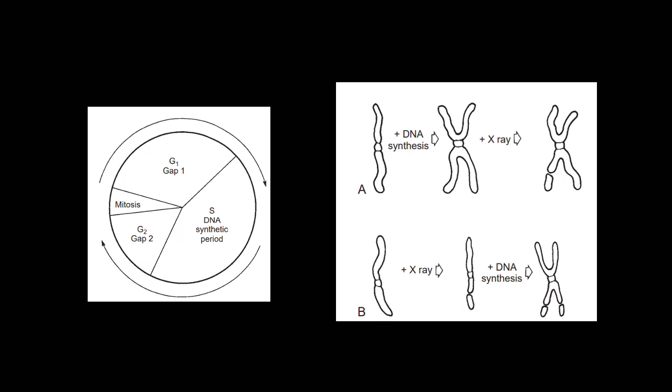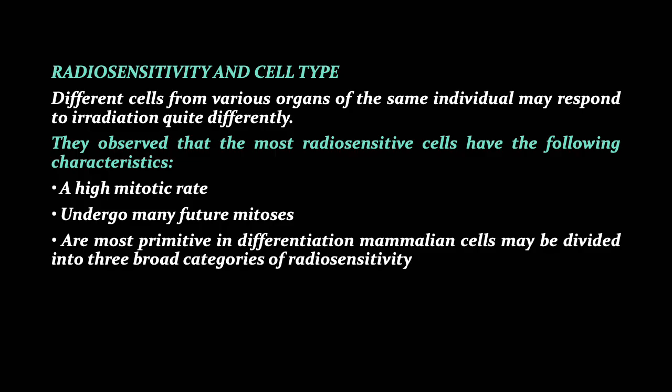Depending on where the cell is in the cell cycle during irradiation, different chromosomal aberrations can take place. If radiation is given after DNA synthesis, there is going to be aberration in just one arm. If it is just before DNA synthesis, there is going to be aberration in both arms of the chromosome.